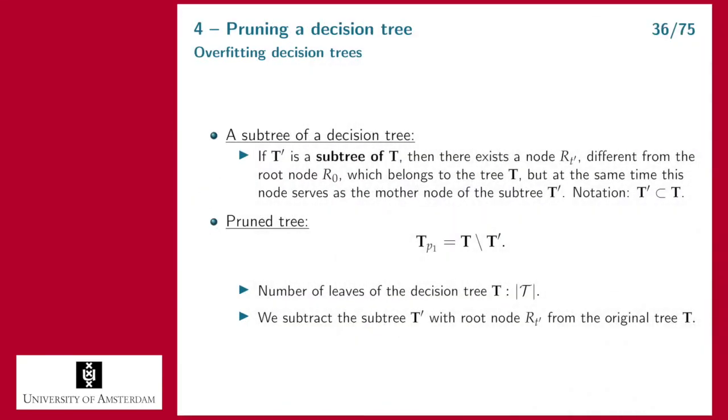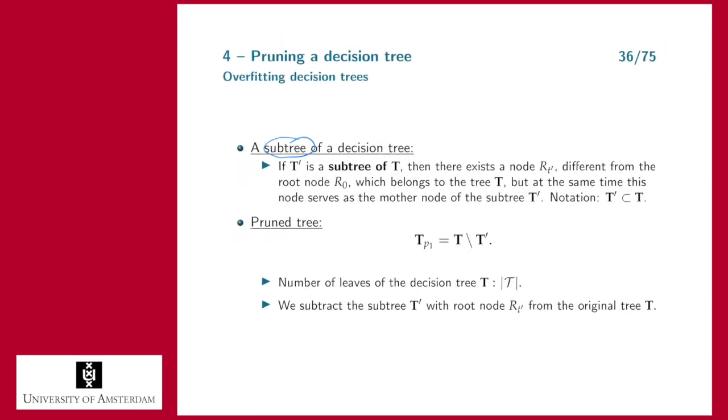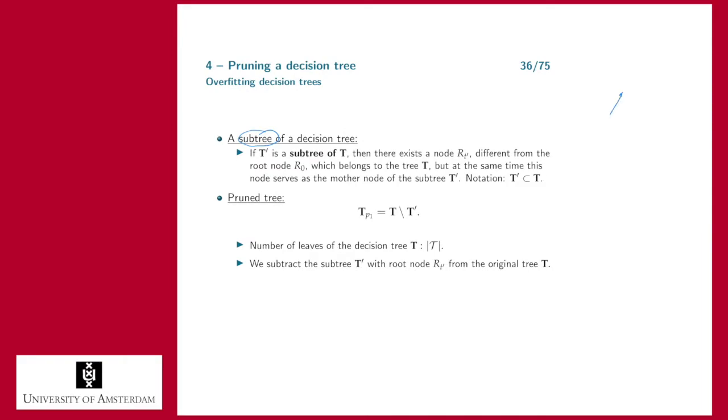We first need to define what is a subtree of a given decision tree. So a decision tree looks like this. We have nodes, and these nodes are then again subdivided in new nodes.